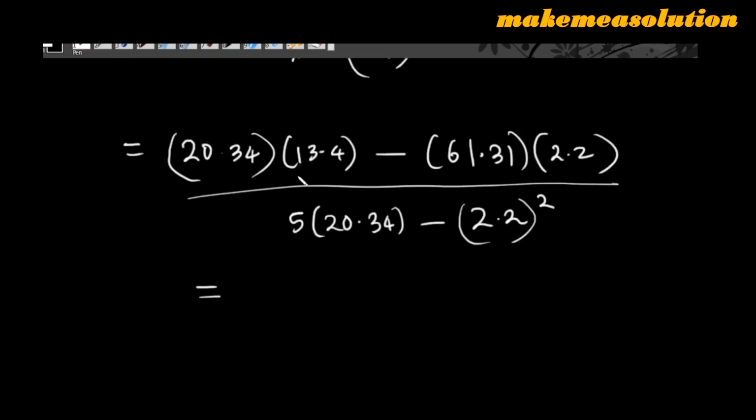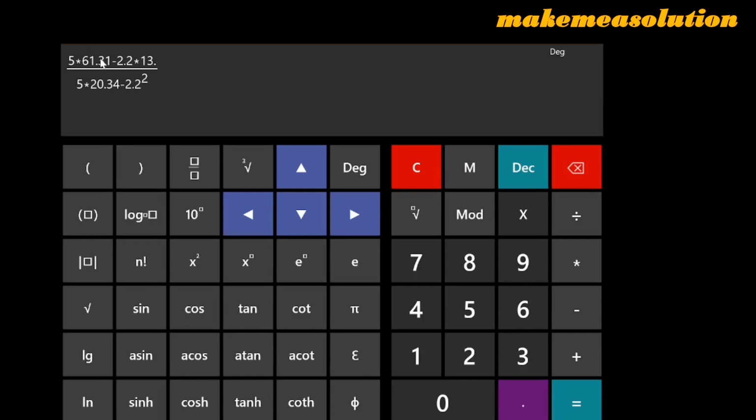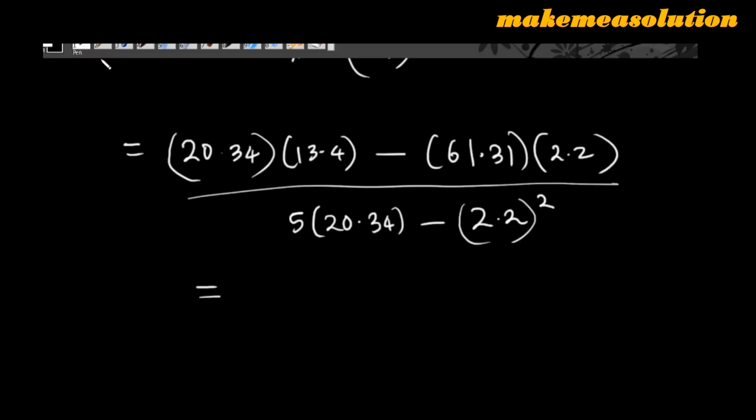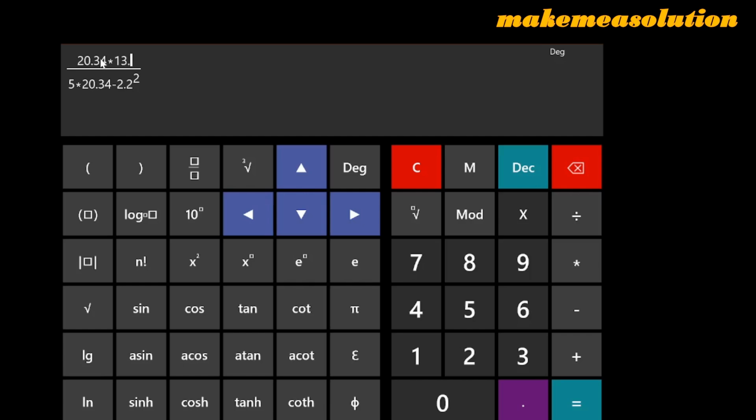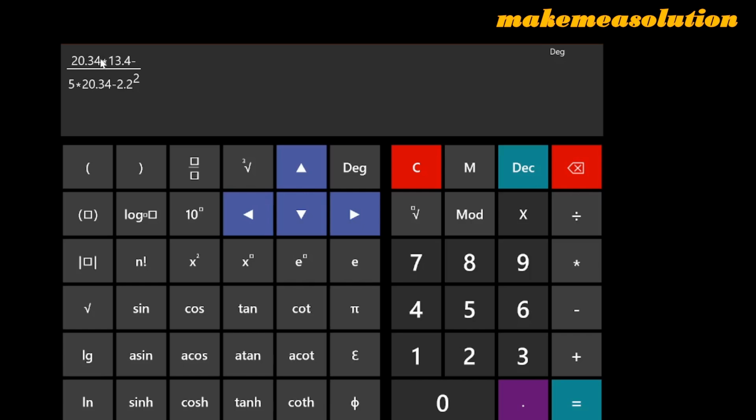We'll adjust what the numerator should be: 20.34 times 13.4 minus 61.31 times 2.2.